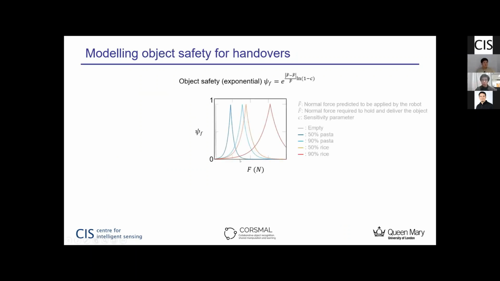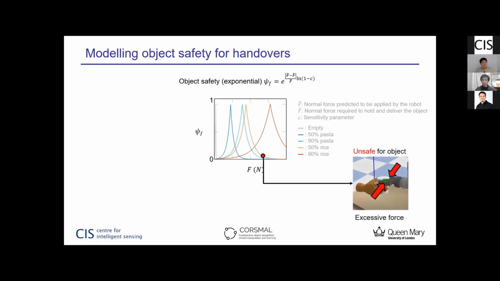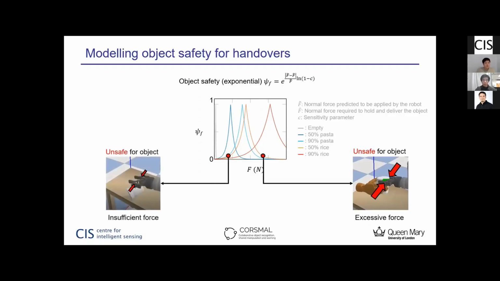We also model the object safety in terms of the predicted force to be applied by the robot on the object, and also the minimum amount of force required to hold and deliver the object. If excessive force is applied, the object may deform and filling might be spilled. If insufficient forces are applied, then the object can fall. Otherwise, the object is considered to be safe during the handover.